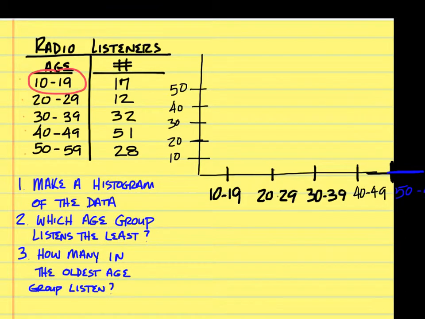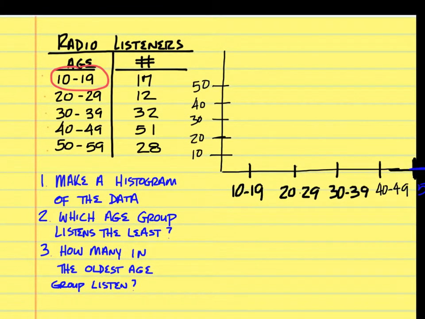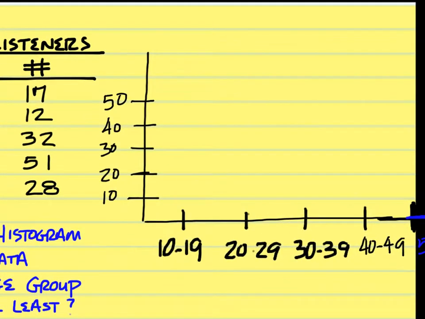Okay, so in the first group we have 17. 17 in the first group. So let's go over here and start in between those 2 hash marks. Just make a little mark there in between the 2, and it's got to go up to 17. So stop at about 17, then go across and complete it. There's your first bar.